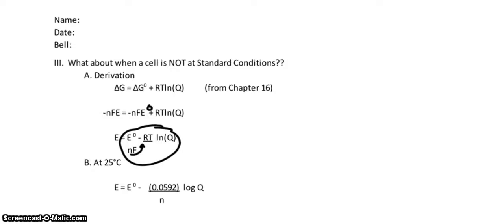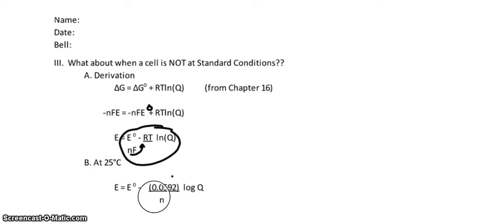Now, most reactions are going to occur at 25 degrees. That's basically room temperature. And so if you are at 25 degrees C, what this number here has done, it has combined the R value, the T value, and the F value all together, and it simplified your life a little bit.